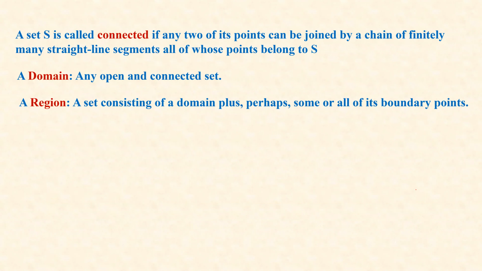And a set S is called connected if any two of its points can be joined by a chain of finitely many straight line segments, all of whose points belong to S. That means they are not separated. This is not connected, because if you go from here to here, you have to pass here, and some of these points are not in the set.